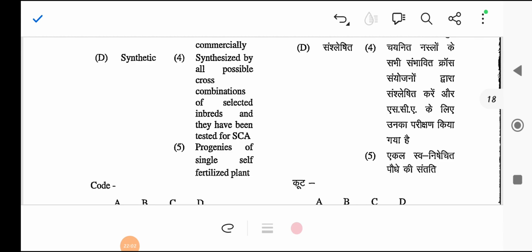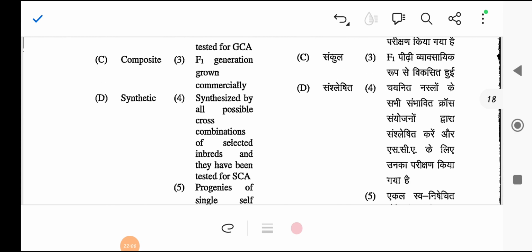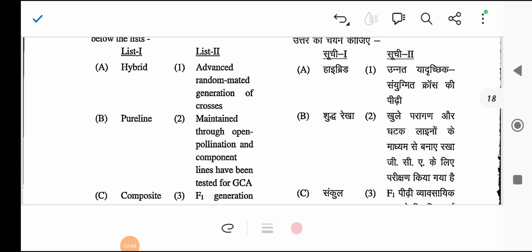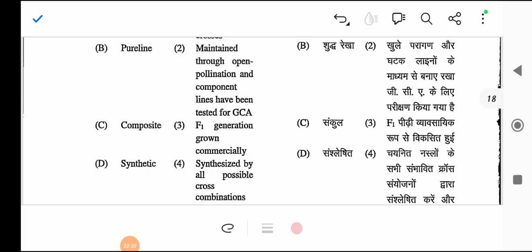Next is composite. What is composite? Composite is advanced random mated generation of crosses. Composite is when there is random mating and generations formed from there. Synthetic is what? Synthetic is maintained through open pollination and component lines have been tested for GCA.